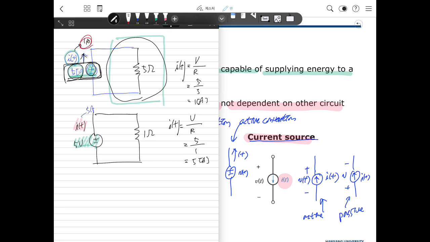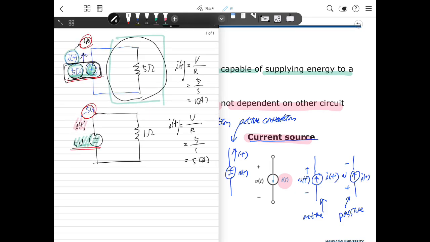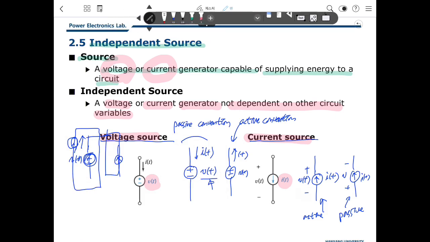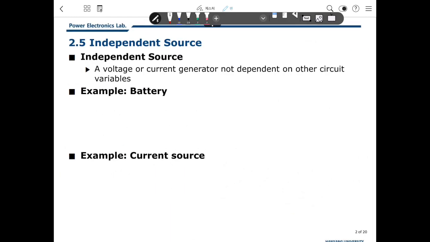In this case, 1 amp. This is 5 amps. That means the voltage source determines only the voltage value. So an independent source is a voltage or current generator not depending on the other circuit variables.